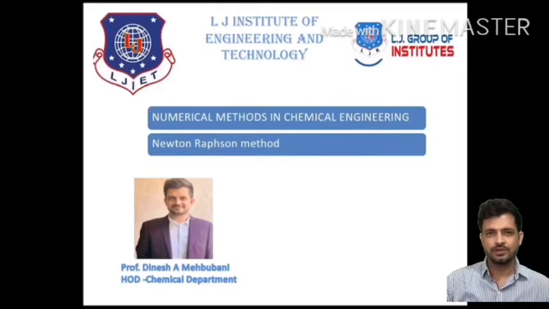Today we are going to study the Newton-Raphson method. It is one type of open method. As I told you, since it is an open method, the interval in which the root lies is not fixed.